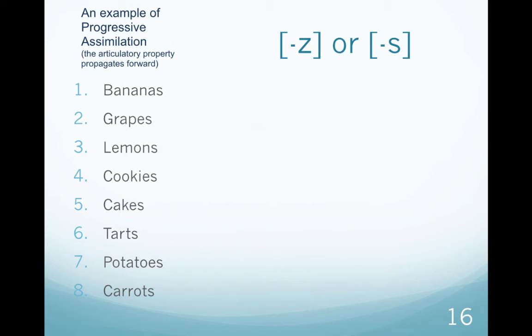In English, we pronounce different words that are plural differently. We pronounce them either as z or as s. The voicing is different. So, for example, in bananas, do we pronounce z at the end or s at the end? Yes, we pronounce z.